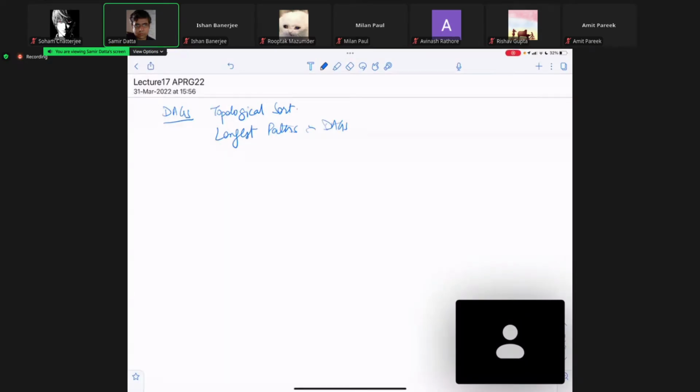Let's talk about directed graphs in general, and some connectivity properties in directed graphs. In directed graphs, what is the analog of a connected component?